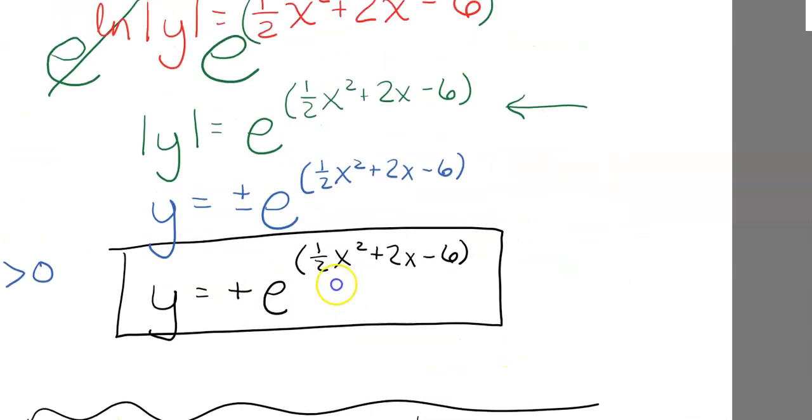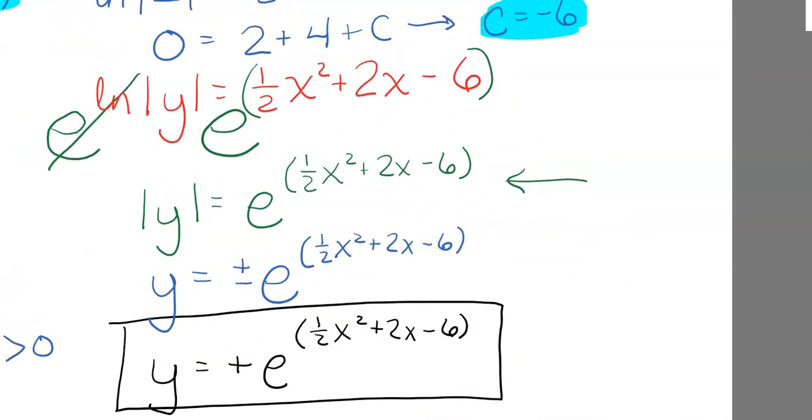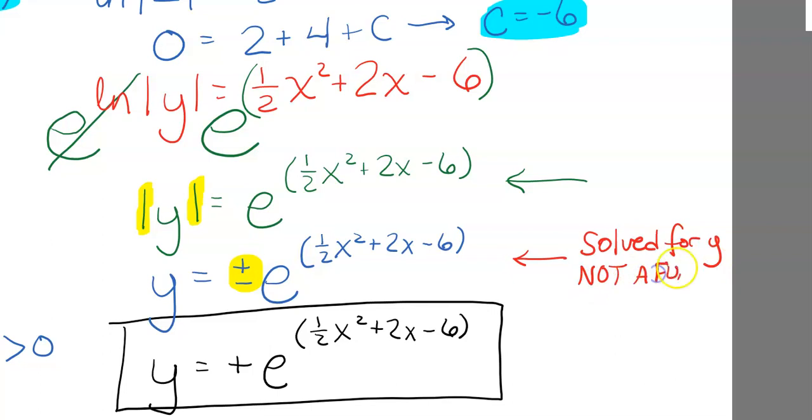Back to our problem, that's precisely what I did. I had absolute values around the y, so I got rid of those and threw a plus or minus on the other side. And then we have the same issue that we saw earlier. We've solved it for y, but the plus or minus means that we don't have a function.